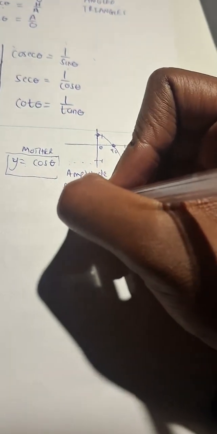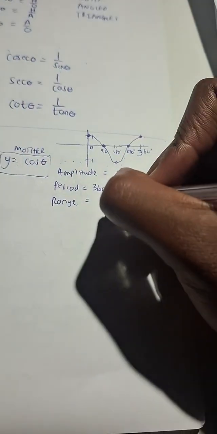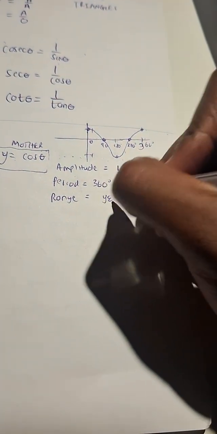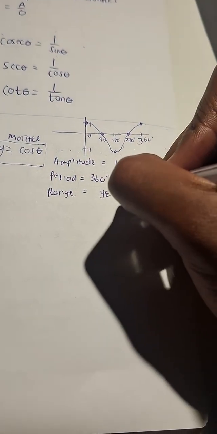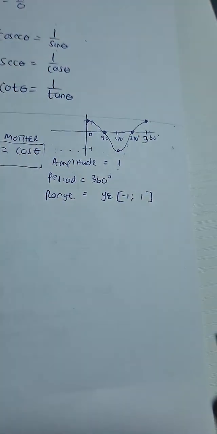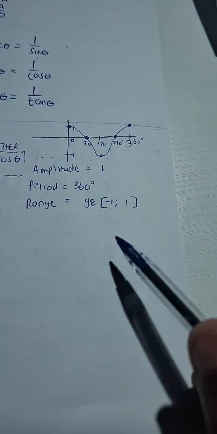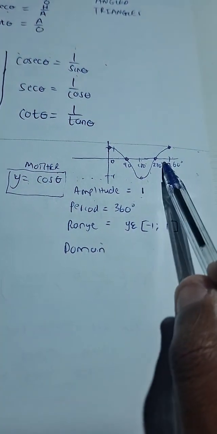Range of the mother graph. We're dealing with the mother here. Obviously, same thing: y is an element of square brackets, -1 to 1. Or you could write it in that inequality form. Domain: if it is a restricted graph from 0 to 360, then we would say x is an element of 0 to 360.